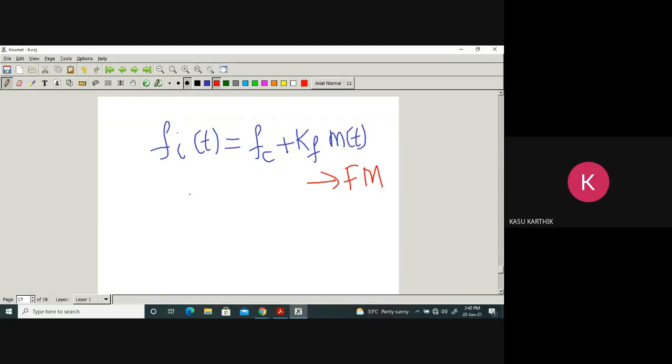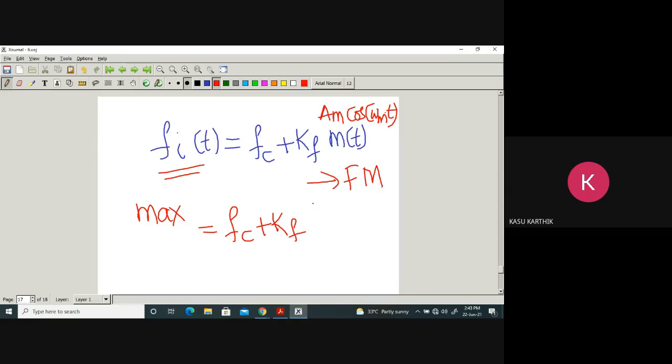So what is the maximum value of this instantaneous frequency? Suppose m of t is, let us take, Am cos omega m t.